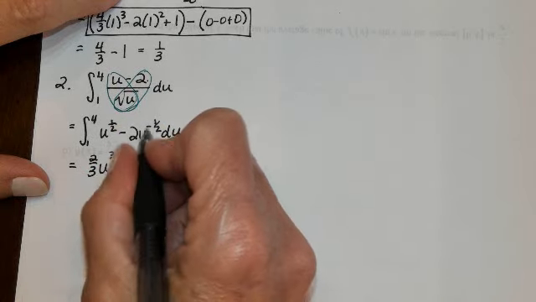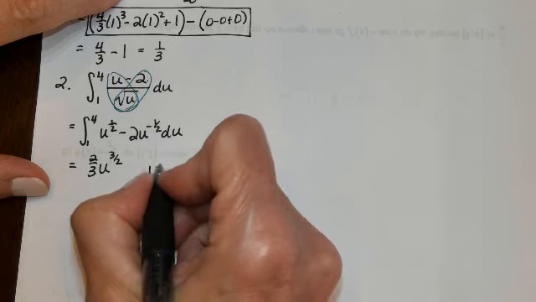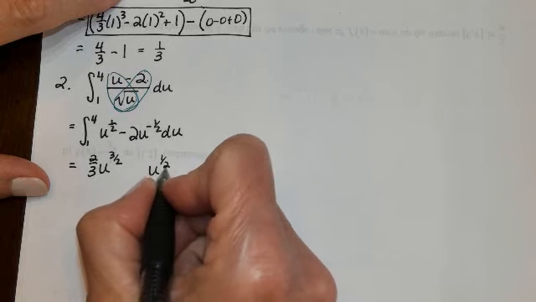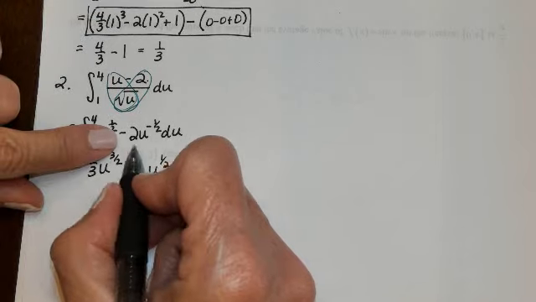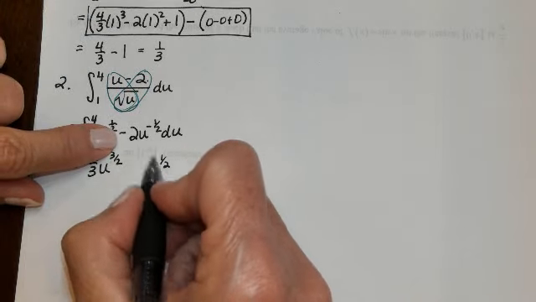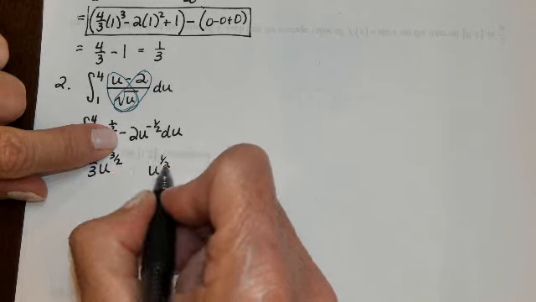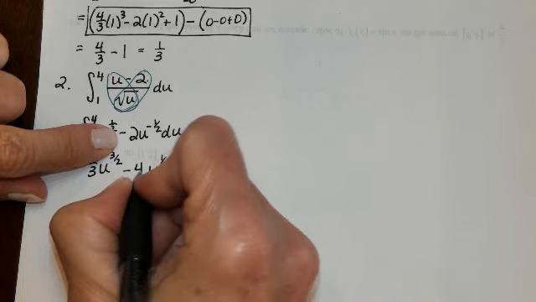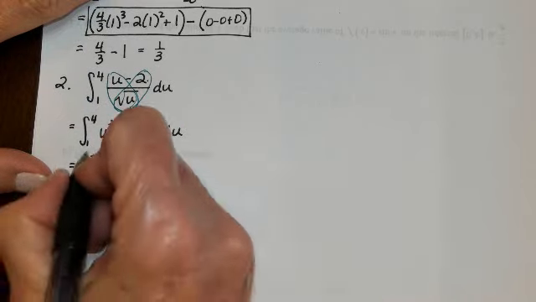Okay? Our next variable here, u to the add 1 to negative 1/2, and we get positive 1/2. And then we're multiplying this negative 2 times, we're dividing negative 2 by 1/2, which is the same thing as multiplying that negative 2 times 2. So we get negative 4. Okay?